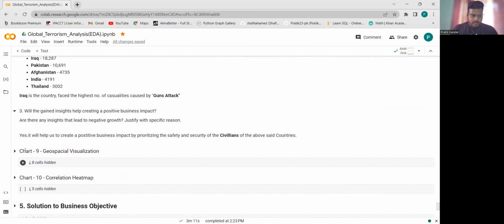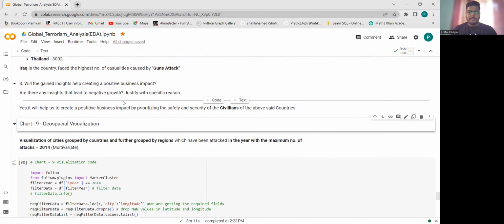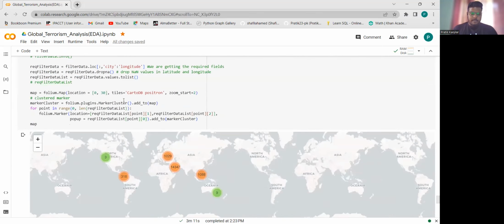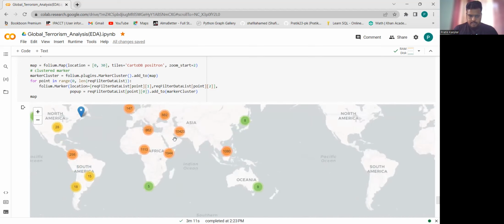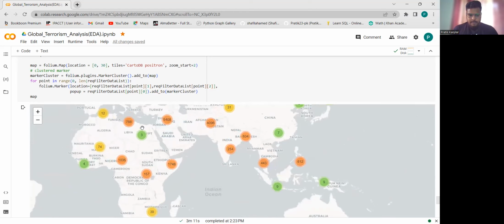Now, followed by the next visualization, this is a geospatial visualization. We have used a Folium marker cluster over here. We have selected the year 2014 because this is a single year visualization. We can see here the areas and number of attacks, and this is called a marker cluster. As we zoom into these areas, we find further clusters, and as we zoom in again, we find more clusters.